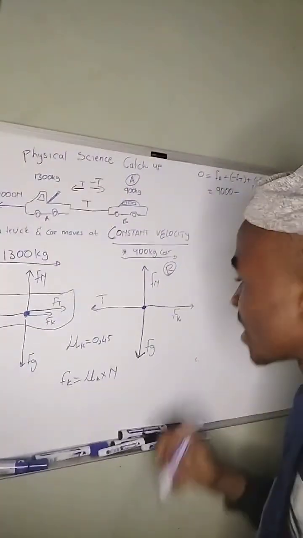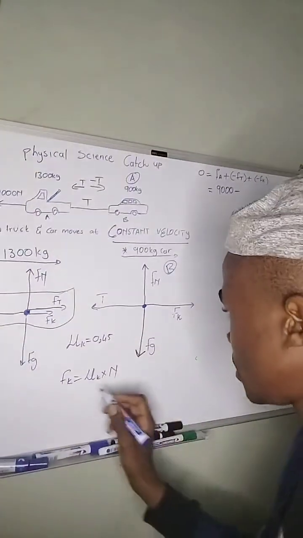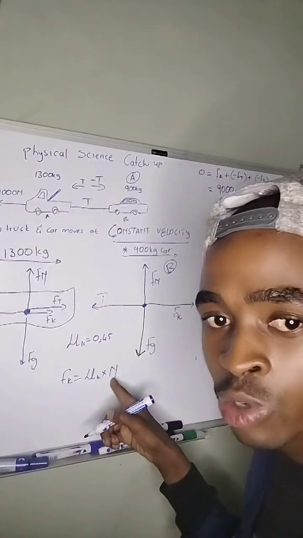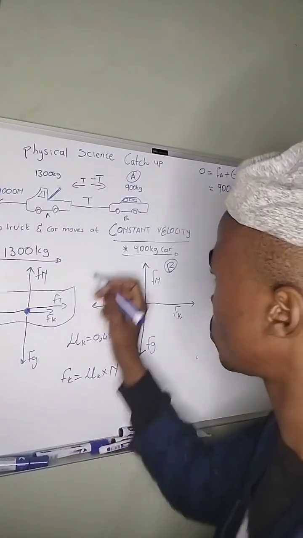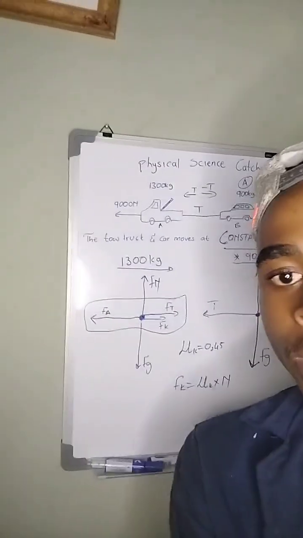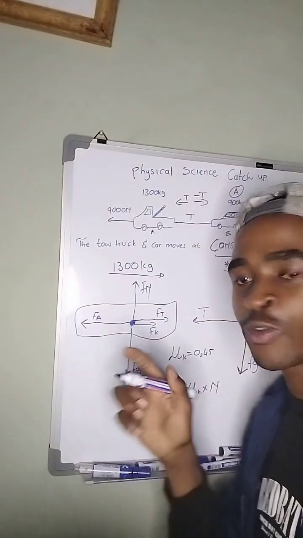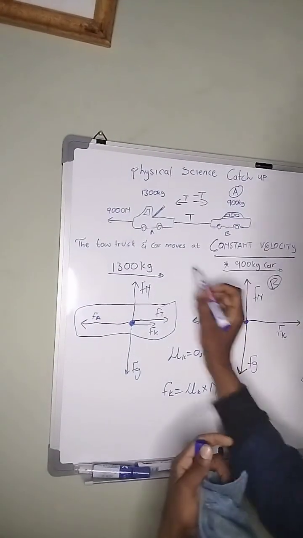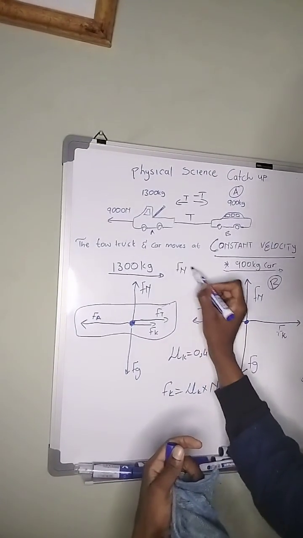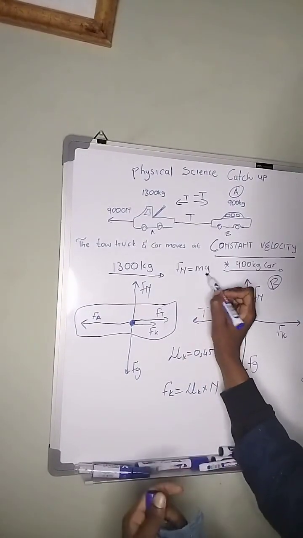So Fn is going to be equivalent to what? Fg. Since these two are equivalent, Fn is going to be equal to mg.